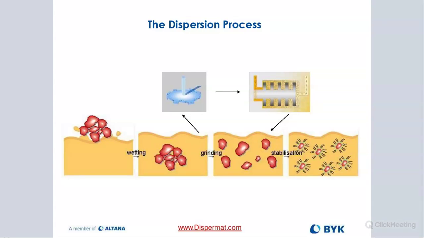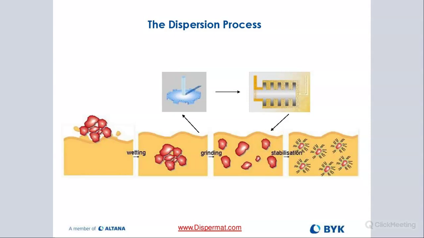So I really like this picture because it outlines and shows what is actually happening in the dispersion process. So first, we use a Cowles blade, or some people call it an impeller blade or dispersion blade, to wet our particles and to really introduce the shear force needed to break up these agglomerates.